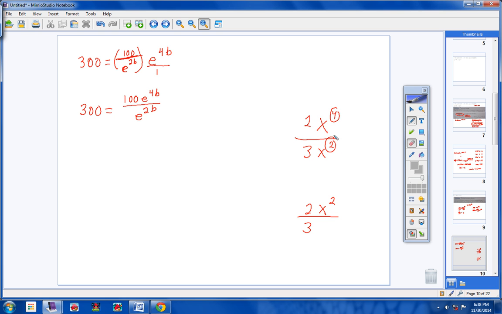Well, guys, look, it's the same thing over here. You have e to the 4b, e to the 2b, like bases, e and e. So look what you can do here.